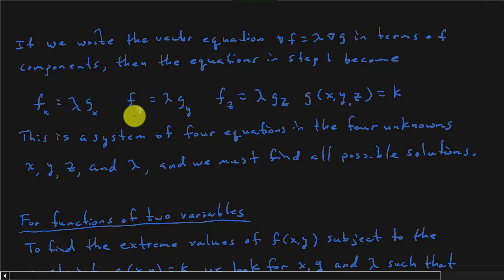And then the partial of f with respect to y equals lambda times the partial of g with respect to y. And then we do the same with respect to z, and then we have our constraint, g of x, y, z equals k. This is a system of 4 equations in the 4 unknowns x, y, z, and lambda, and we must find all possible solutions.